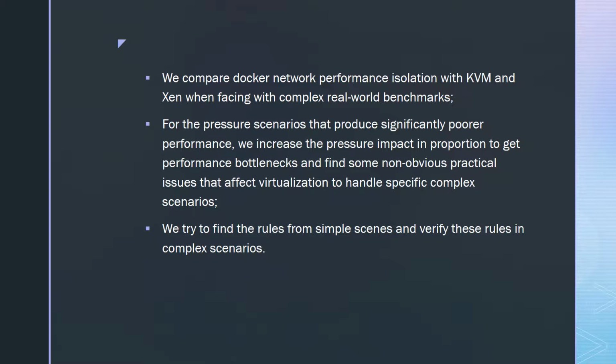Why I think about the performance bottleneck, I will explain later. We also look into particular issues that affect virtualization in handling specific complex scenarios. So I think our work is meaningful.